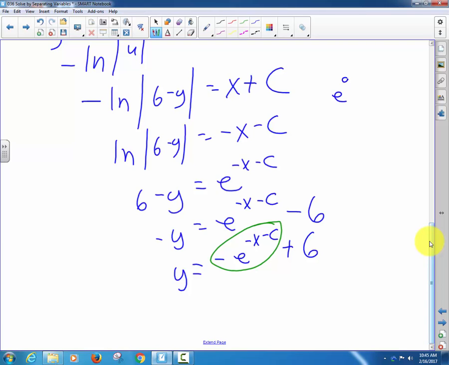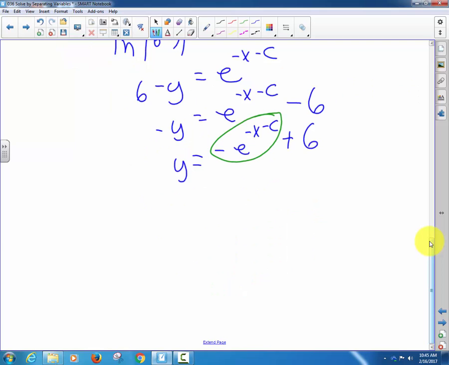If I've got e to the a times e to the b, how could I write that simpler? E to the a plus b. So we could write it like this. We could say that's the same as negative e to the negative x times e to the negative c, plus 6. Would y'all agree with that?